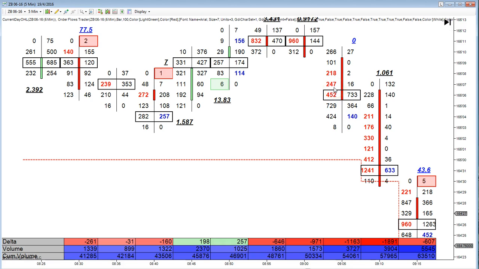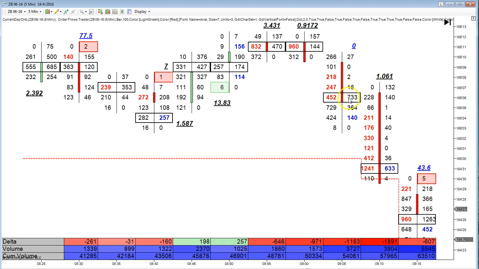Now that you have this feeling, in this next bar, how can you determine where the market is going to come back up to, and you're going to see a resistance level? Well, that's where the market imbalances come into play.